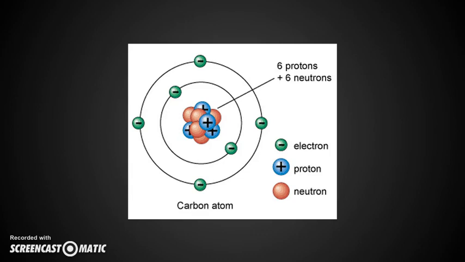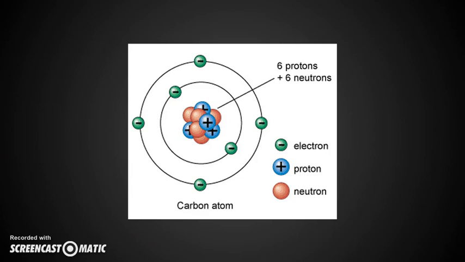But the neutrons and the protons stay pretty steady, and they have a bigger mass, so that we count them. Now, you see we have 6 positive charges and 6 negative charges. So overall, the atom is neutrally charged. Most atoms are neutrally charged.